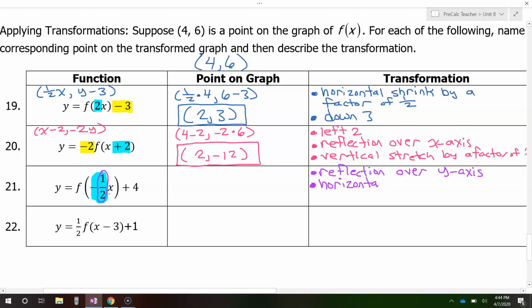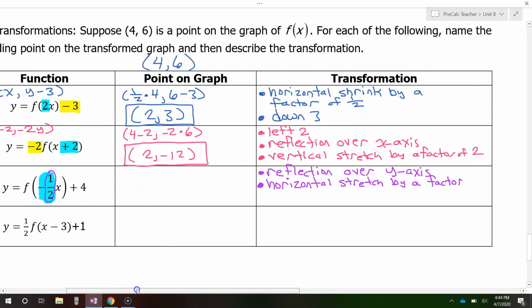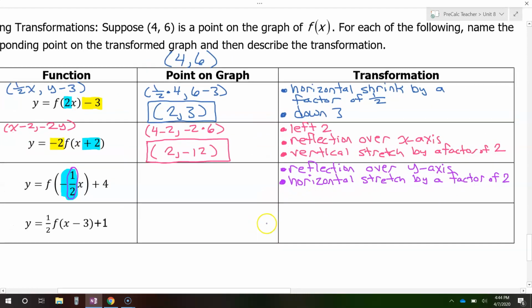So it will actually be a stretch. Okay, horizontal stretch by a factor, and the reciprocal is 2, so it's going to be by a factor of 2. Horizontal stretch by a factor of 2.